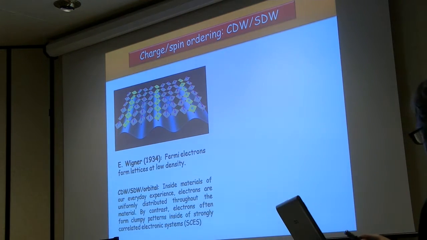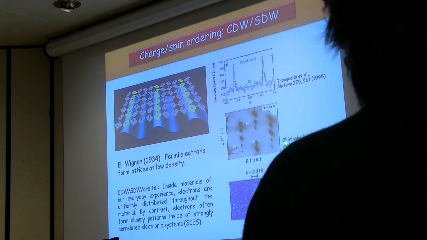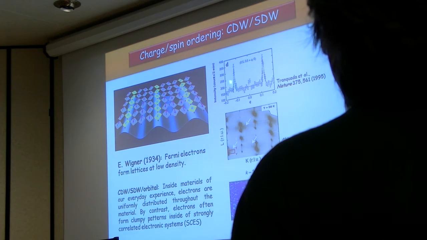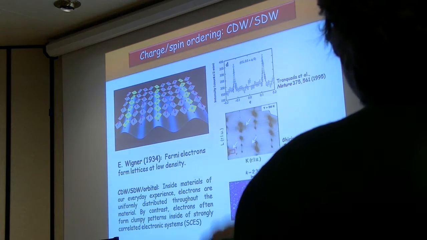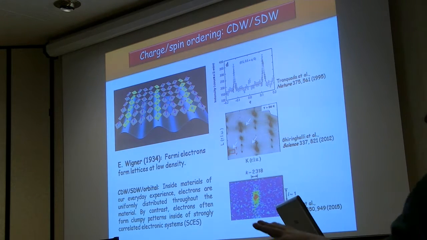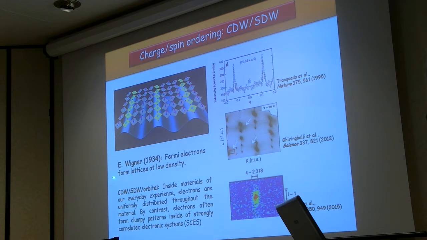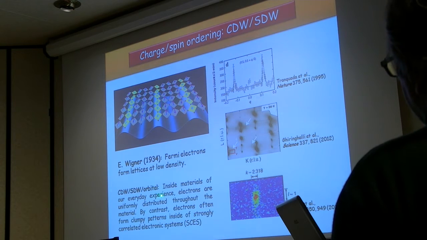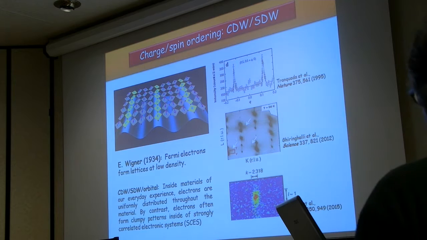Now we have a lot of experimental evidence, starting from Tranquada, Bianconi, and other scientists, measuring this kind of weak reflection in reciprocal space associated with the crystal of electrons. Not itinerant electrons, but crystals of electrons, called charge density waves. In the same way, you can also have a spin density wave or orbital ordering in a strongly correlated system.